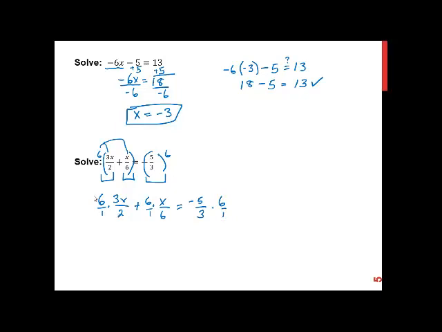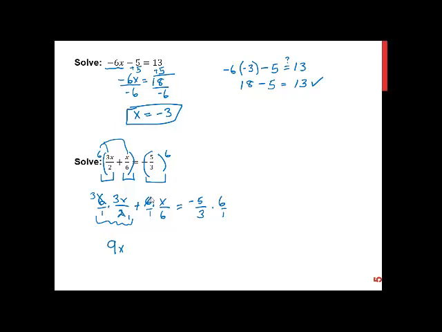Now let's do some simplifying. We can divide this 6 by a 2, divide this 2 by a 2, and our goal being getting rid of the denominator on this first term, we've done it. 3 times 3x is 9x. 9x over 1 is just 9x.